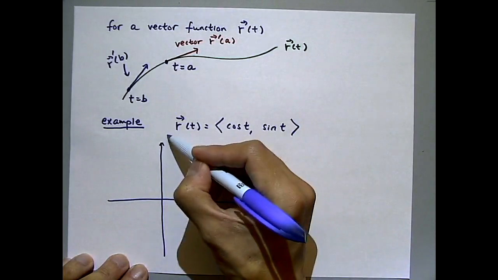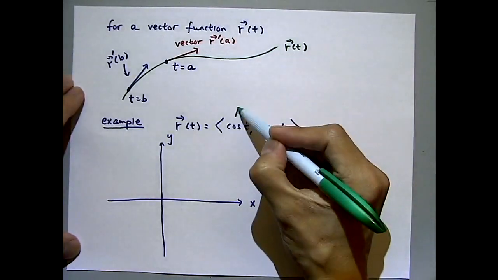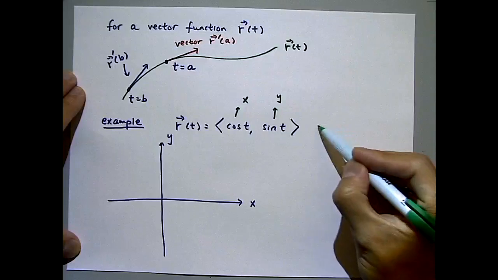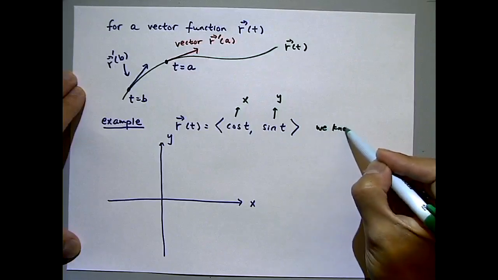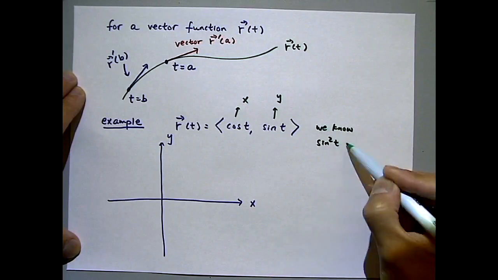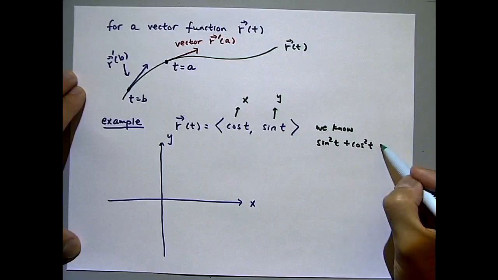So the x component for any t is cosine of t, and the y component is sine of t. What shape is this? Circle. How do we know that? Yeah, we did something very similar to this last time. Remember, this is x, this is y. And we know that sine squared of whatever plus cosine squared of the same whatever is always equal to 1.